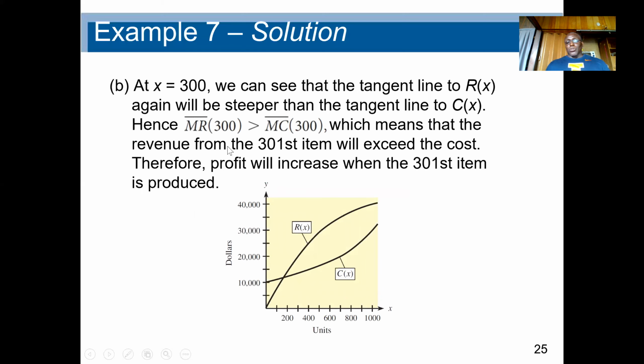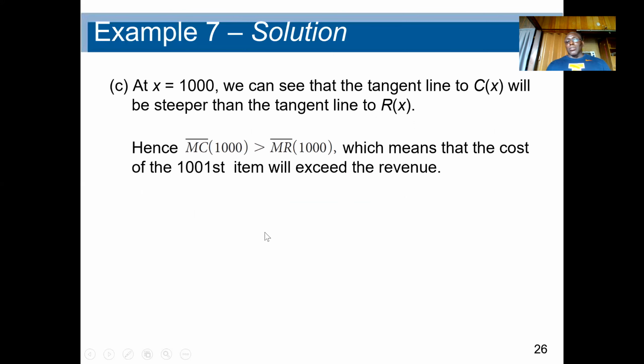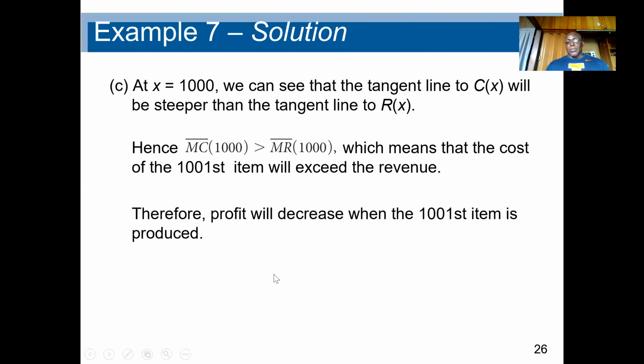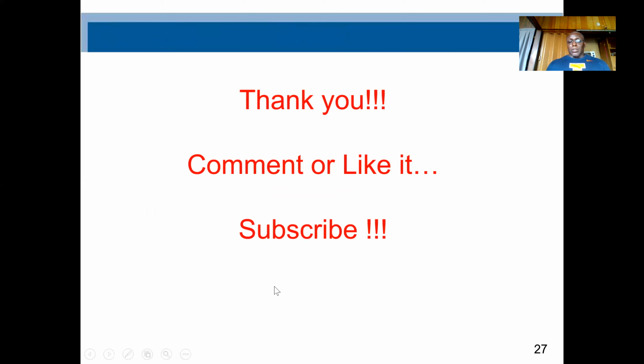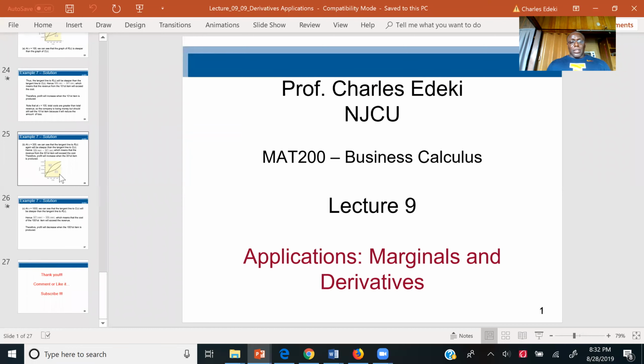At X equal to 300 also, we look at the function, and the revenue will increase also. At 1,000, of course, that also increases the cost. Let's look at the case where they say it decreases. Again, everything is based on the function.